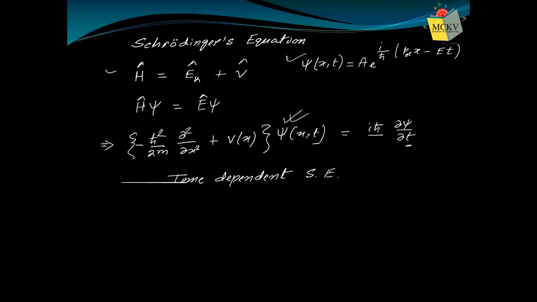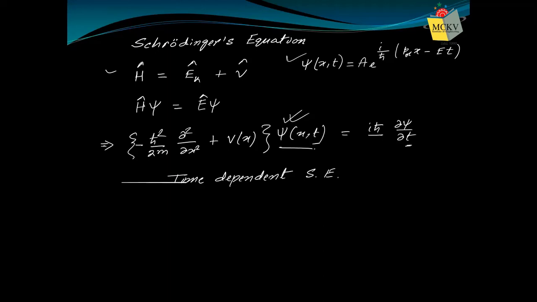So we need to find psi, and actually for a small tiny moving particle, like any subatomic particle such as an electron, all the information about its dynamic nature, that is its position, momentum, energy, etc., is within this psi.